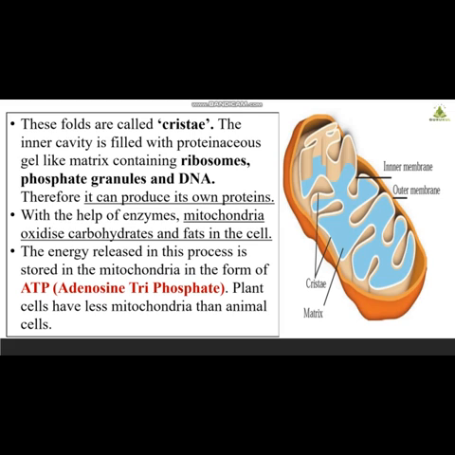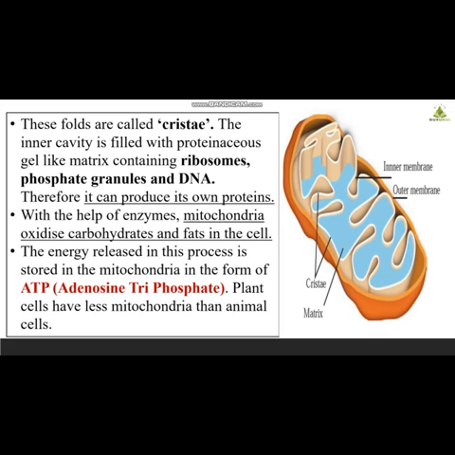When these three things are present as materials, we can produce proteins. So since mitochondria contains all these materials, mitochondria can produce its own proteins. That was the next point.